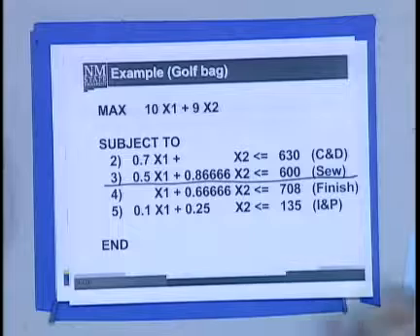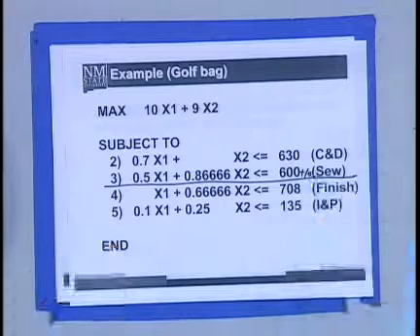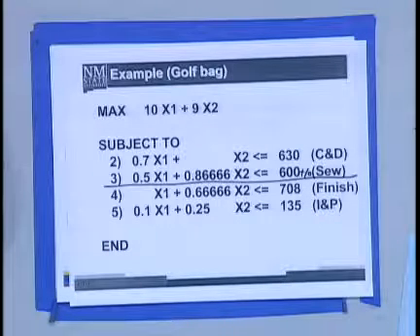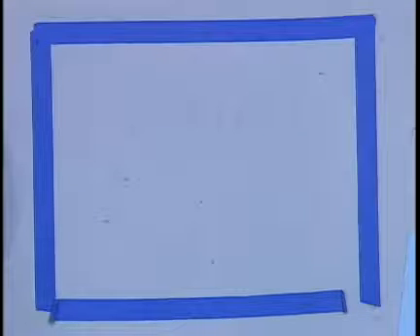Then what happens to the objective function value if the right-hand side value is increased by 10 hours? In that case, we need to look at the dual price, right? And the right-hand side ranges at the same time.